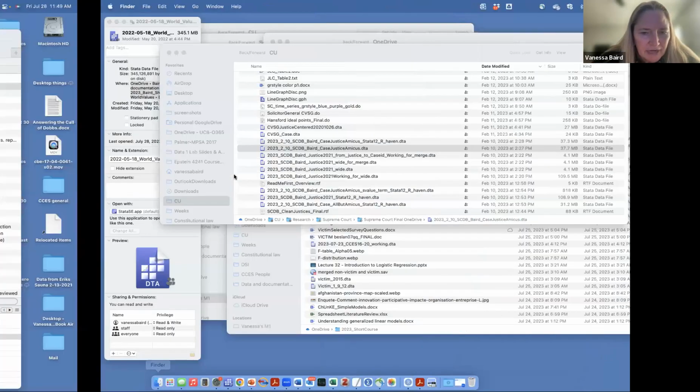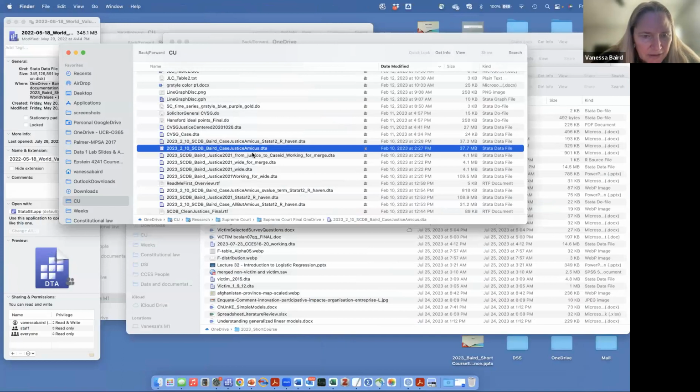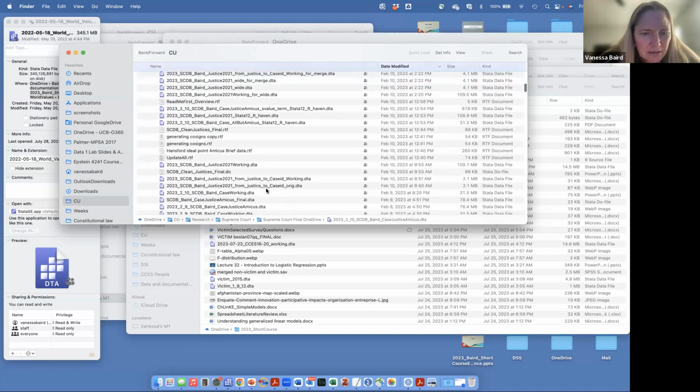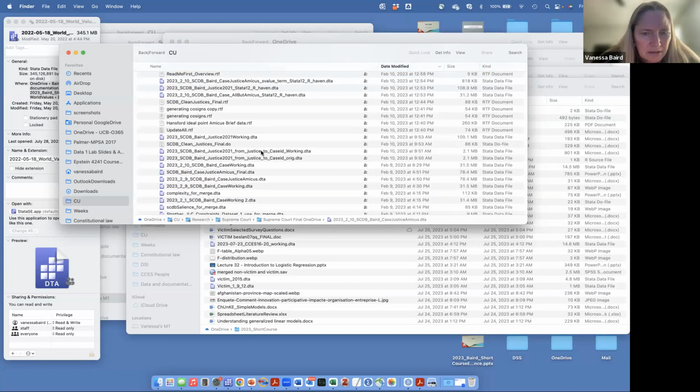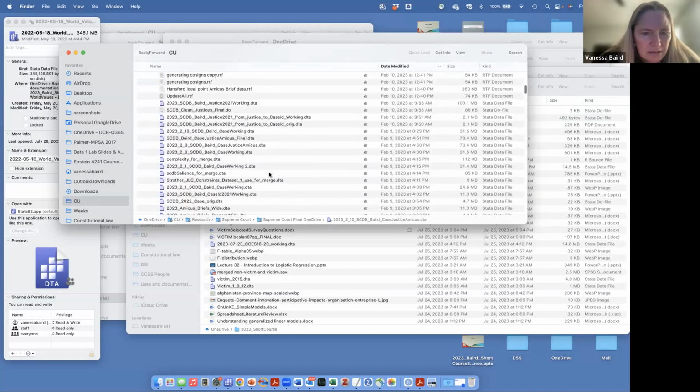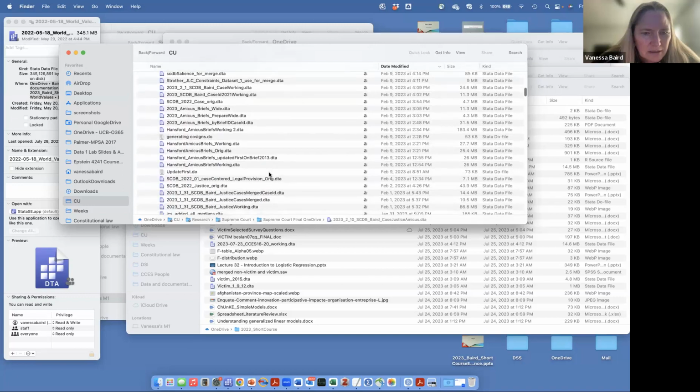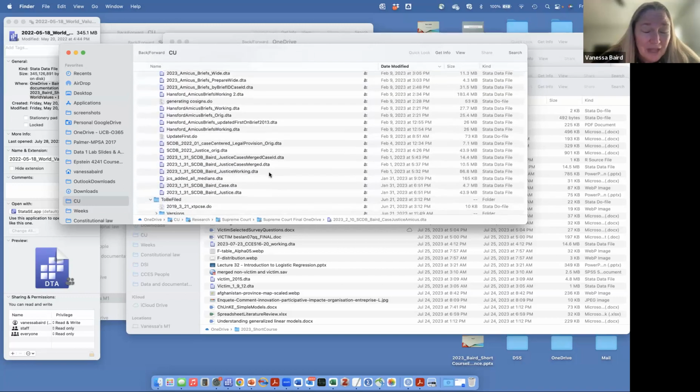I try to put the units of analysis in the title of the file. Got it, and then I matched every single amicus brief that has ever been filed to the court to this data.